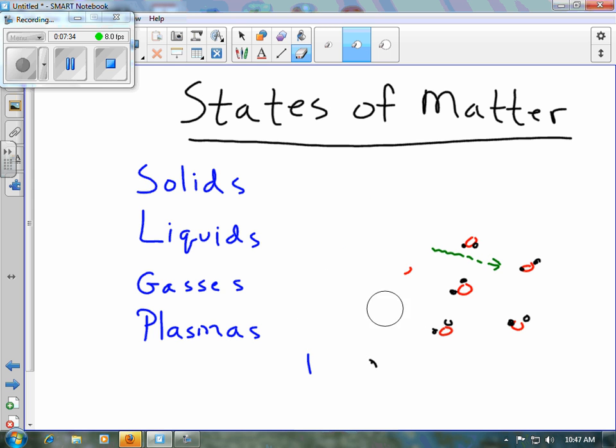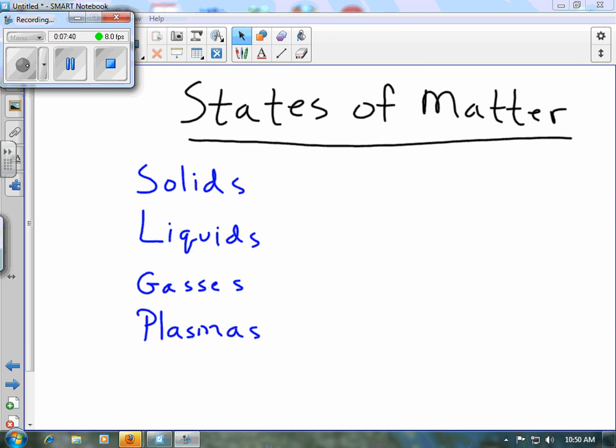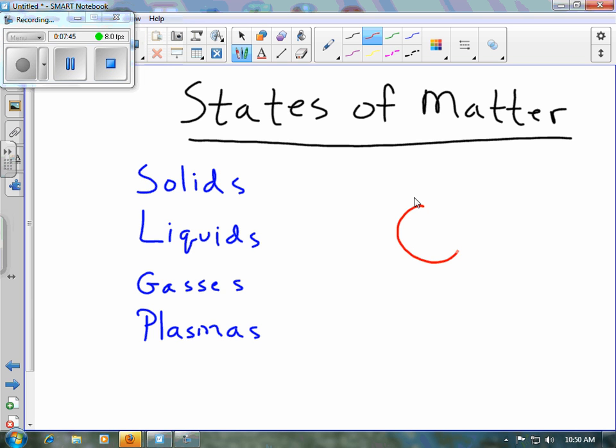Okay, let's take a look at a water molecule. So in a water molecule, you have your oxygen and your two hydrogens, obviously, that's H2O.